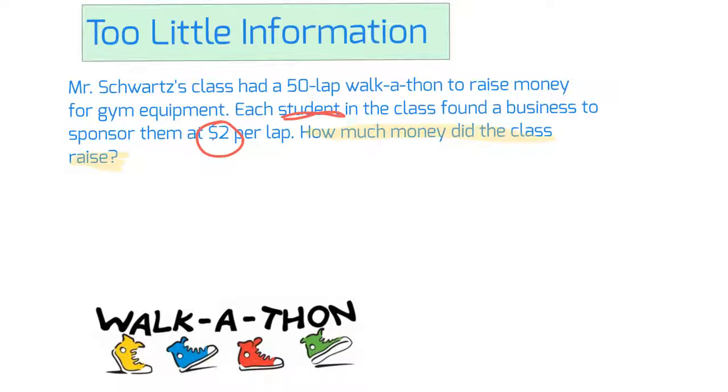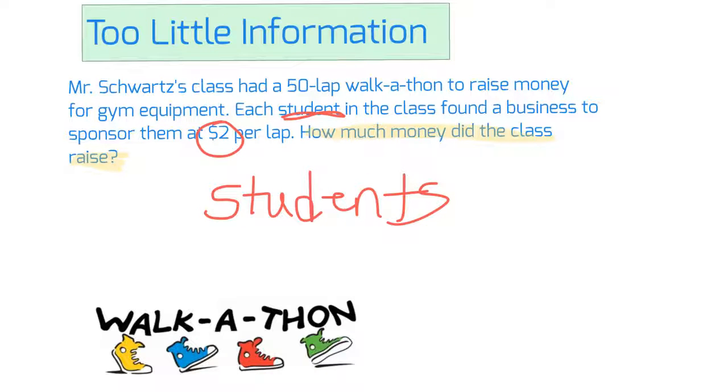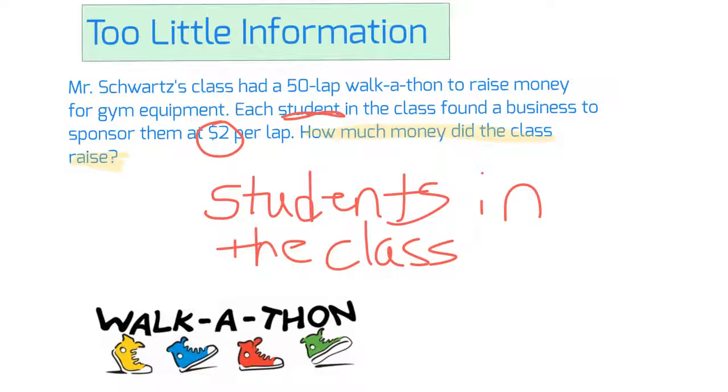So we know they're doing a 50-lap walk, but we don't know how many students in the class actually participated in the walkathon. So we are missing this information. We don't know the number of students. So we're missing the students in the class. Okay. So we would say this problem cannot be solved.